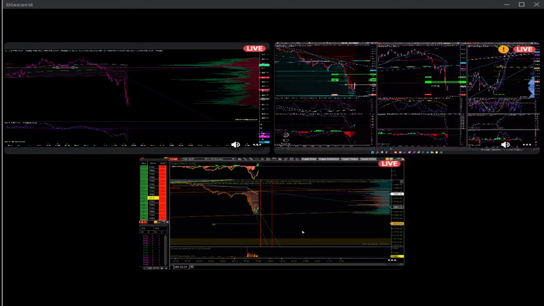I've set this one to go in with 3, and it automatically puts those 3 separate targets in. And then you just adjust them as you see fit.